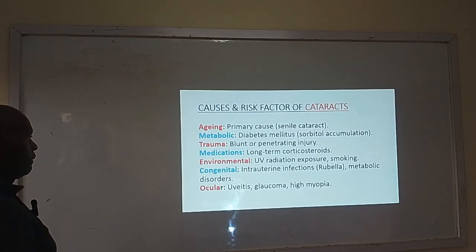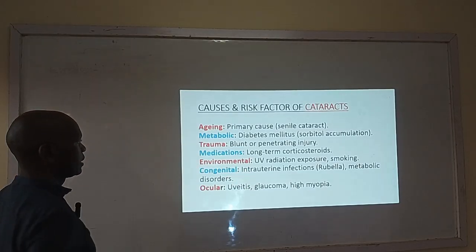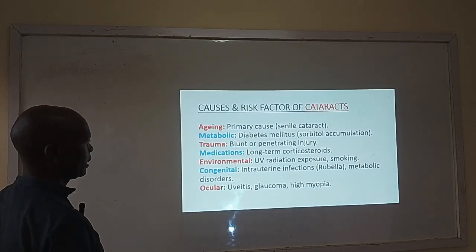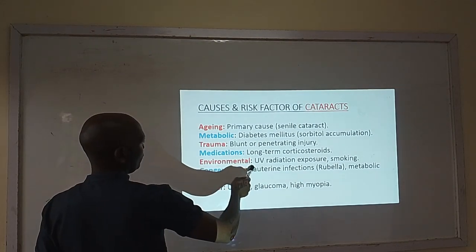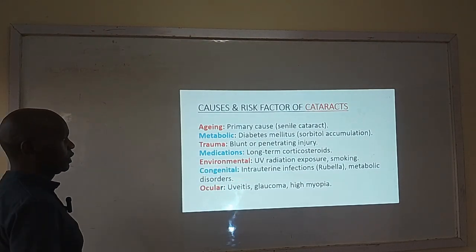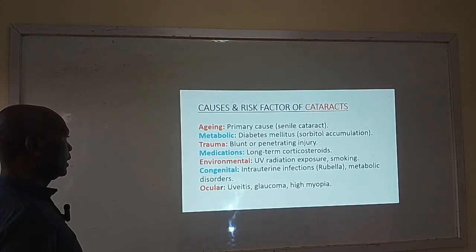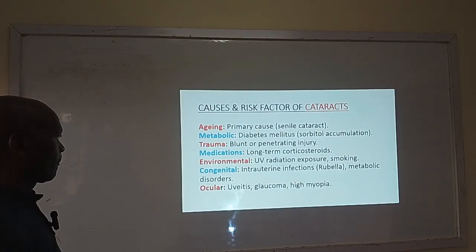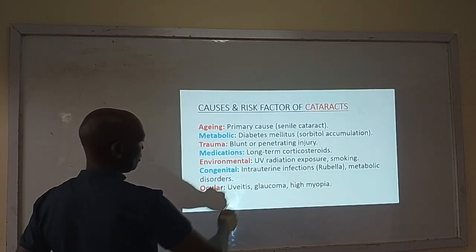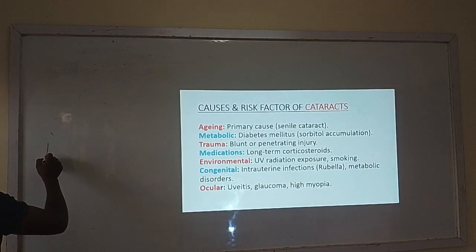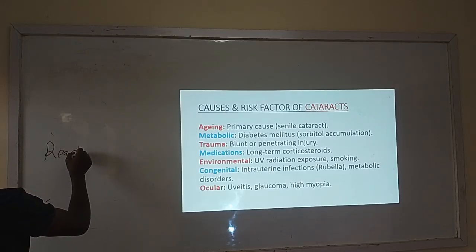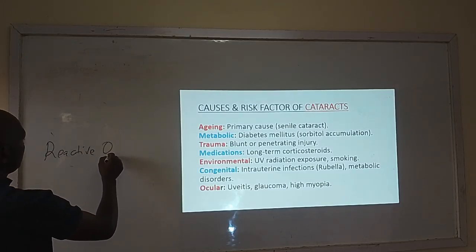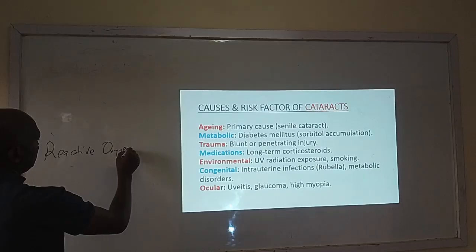And then we have environmental issues such as UV radiation exposure and smoking. UV radiation contributes to issues of reactive oxygen species. These lights can stimulate overproduction of reactive oxygen species.